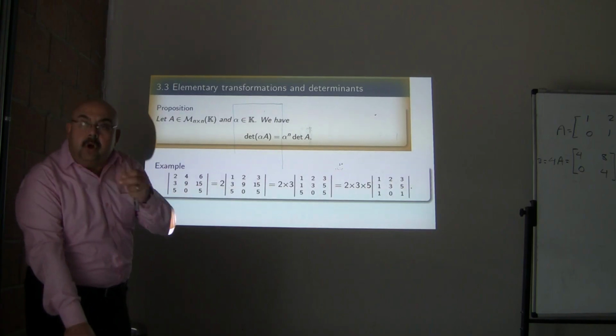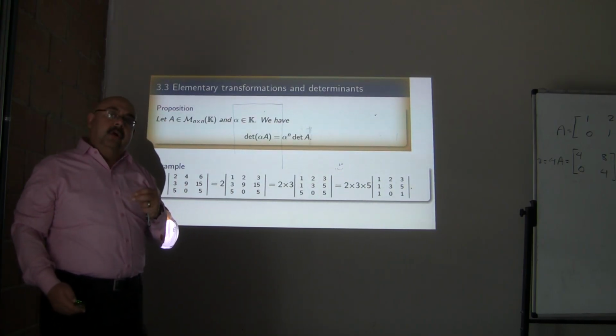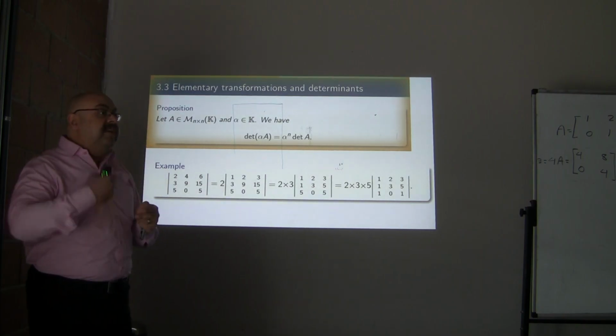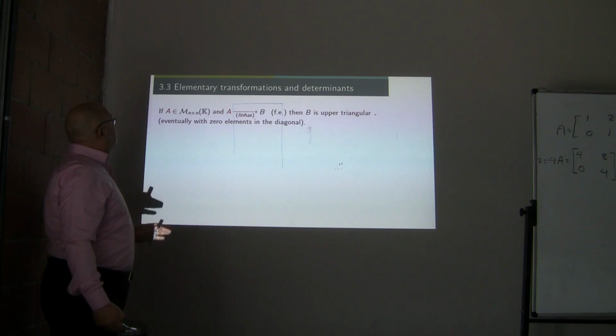This is how to take a common from elements of a determinant or from more than one row or one column. Okay, these rules are okay.